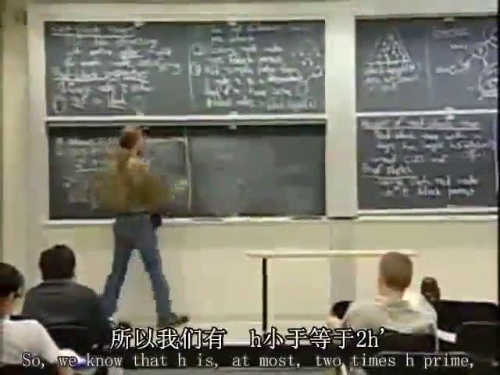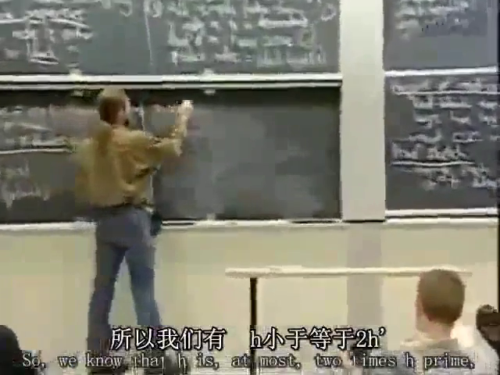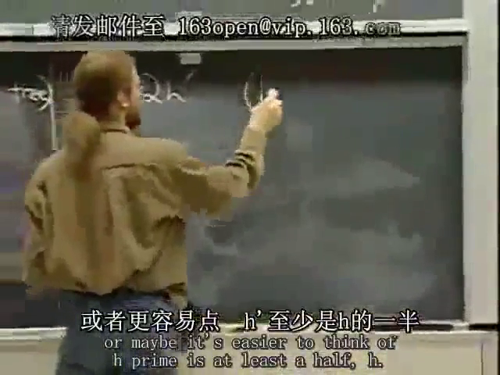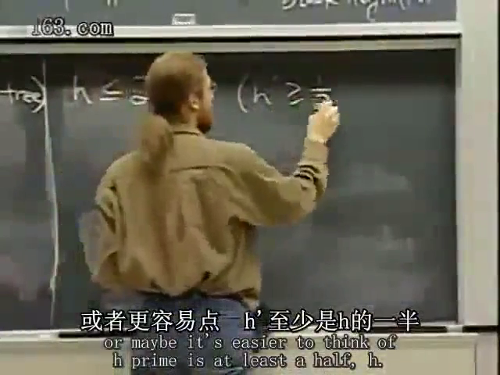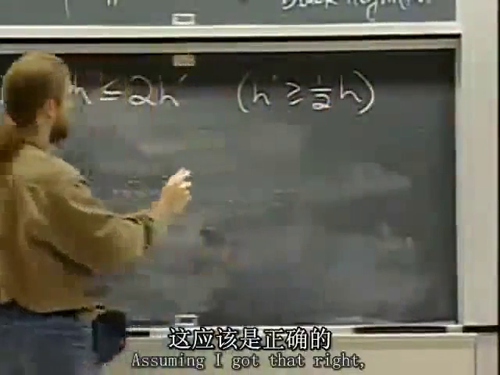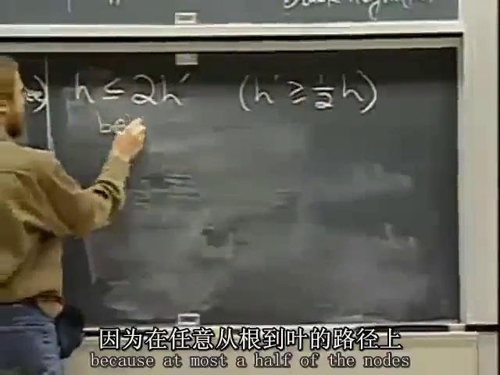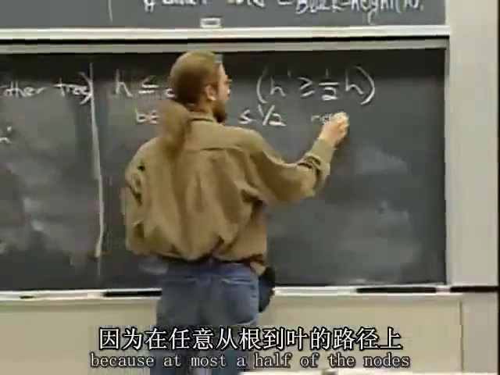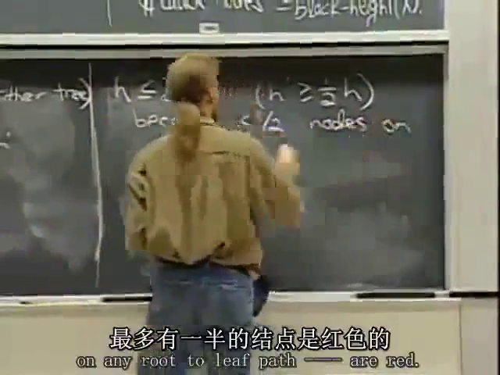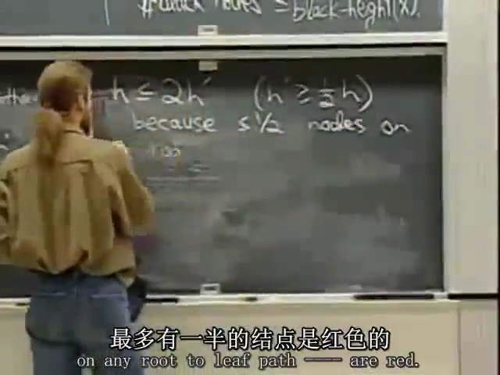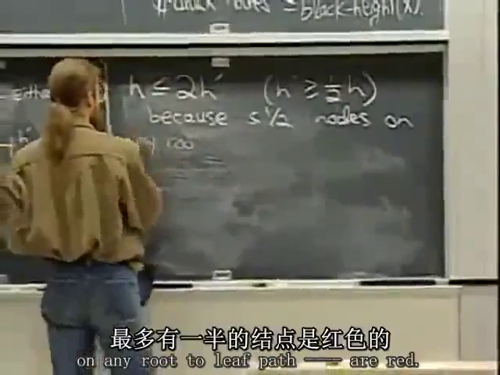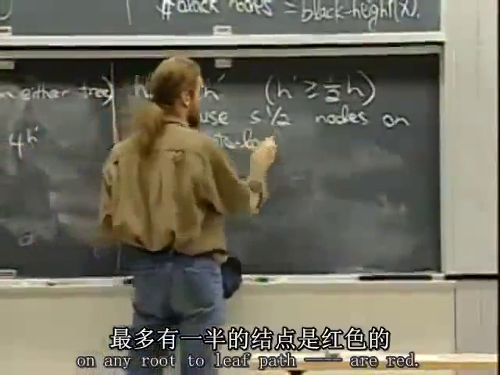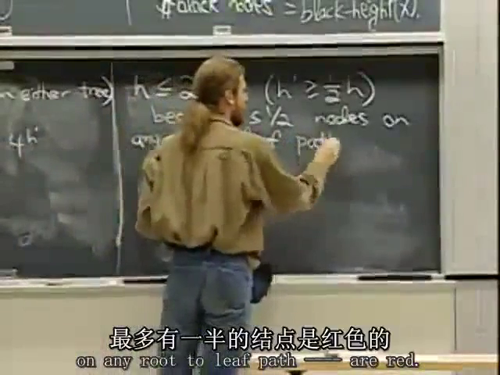So we know that h is at most 2 times h prime, or maybe it's easier to think of h prime as at least a half h, assuming I got that right, because at most a half of the nodes on any root to leaf path are red.